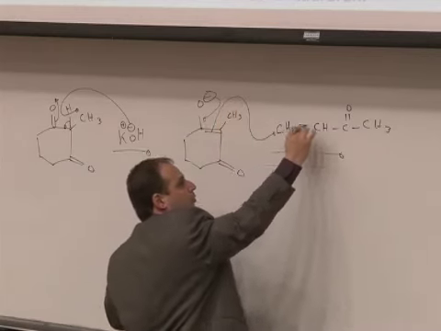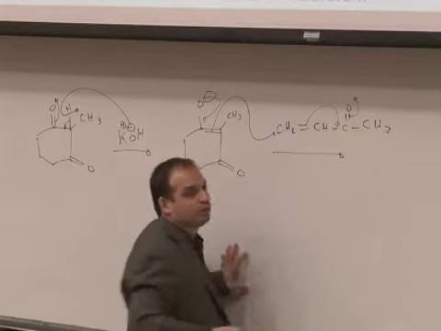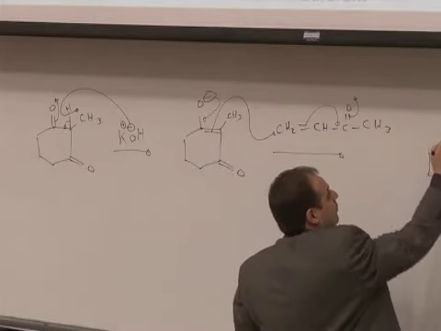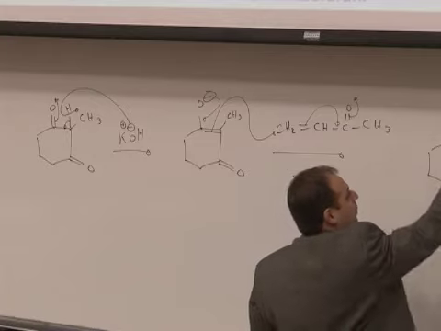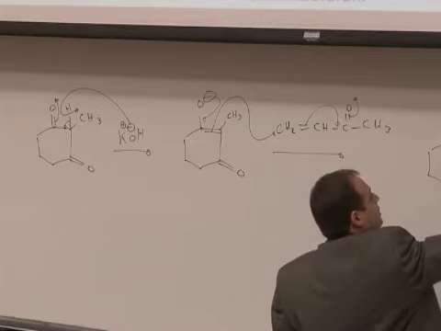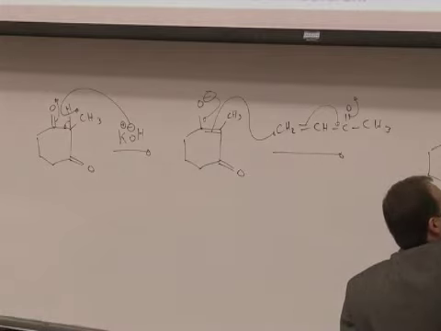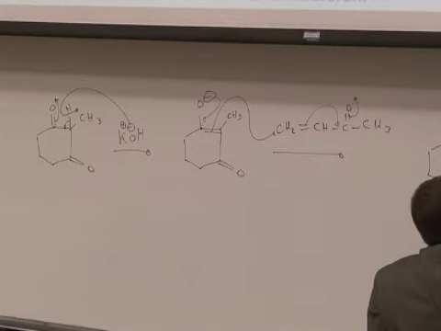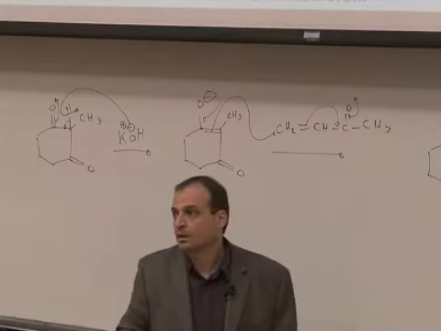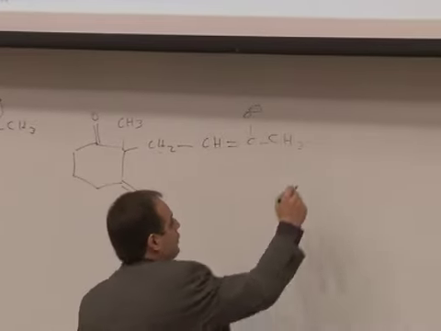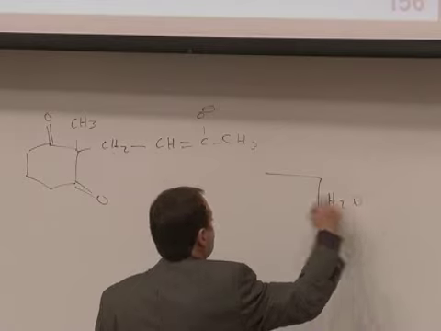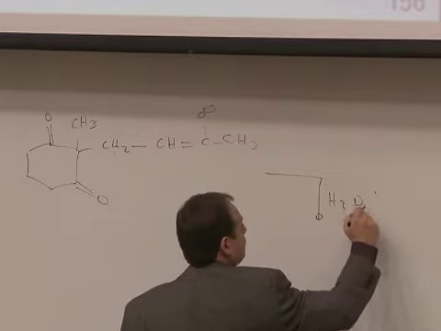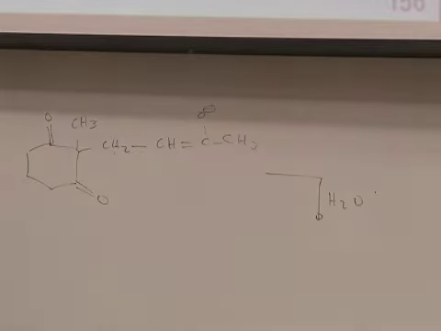1, 2, 3, 4. Now what you are going to form is double bond O, CH3, CH2, CH, double bond, C, O minus, CH3. Then, with water or methanol, you have here methanol as well.